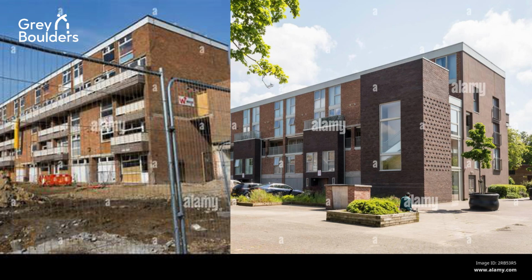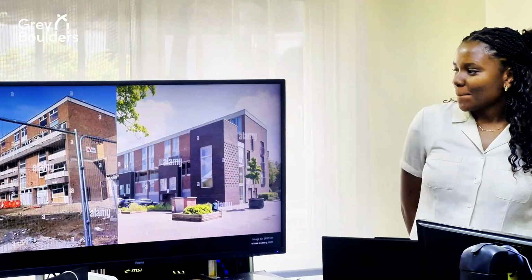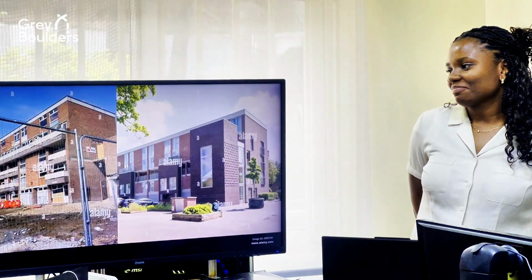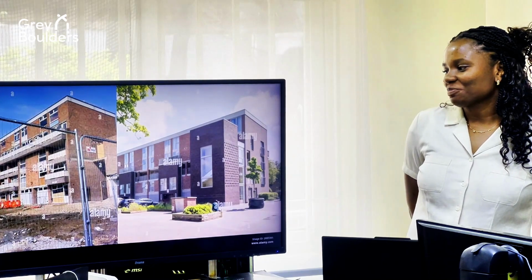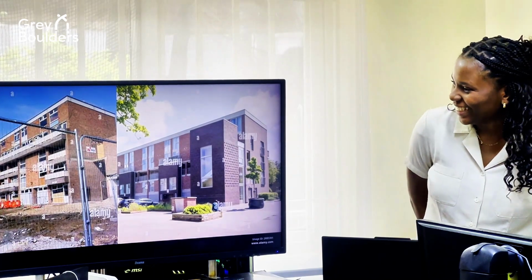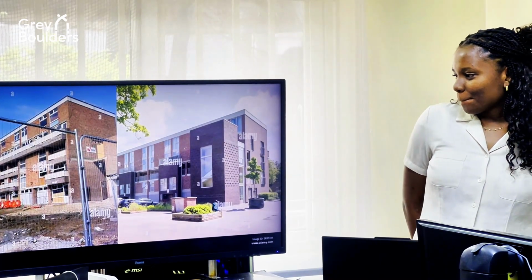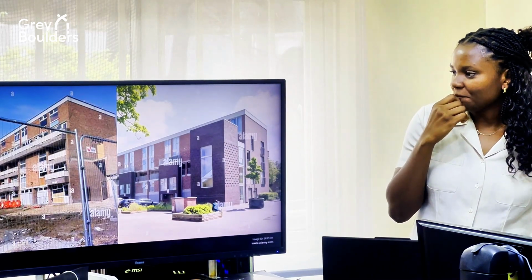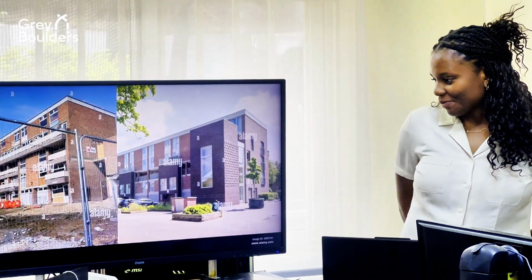Restoration and extension, because of the long balcony.